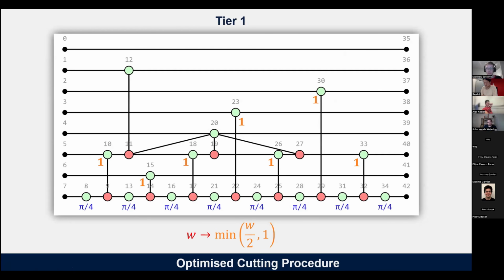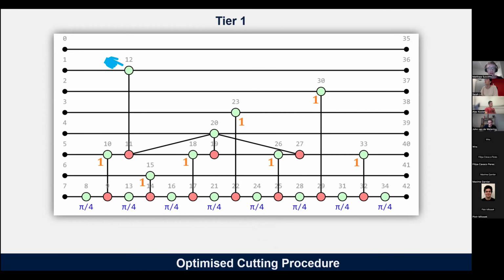Because now, instead of just considering how worthwhile is it to cut this one, we're also cutting the parent as well. So we're doubling the number of terms we're going to get, so we halve the weight. And we also cap it between 0 and 1. So we have this normalized range, which says if it's 1, then it's very likely that this will be a worthwhile cut, and if it's 0, it's very unlikely. And then obviously anywhere in between.